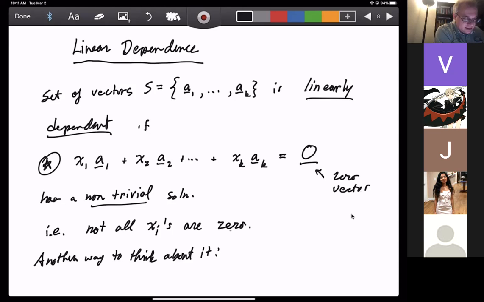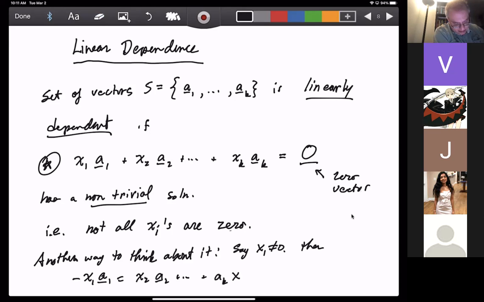So let's say x1 is not 0. Then we could move that vector with the non-zero coefficient to the other side, divide through by the coefficient, and we would be able to write the vector a1 as a linear combination of the other a's.